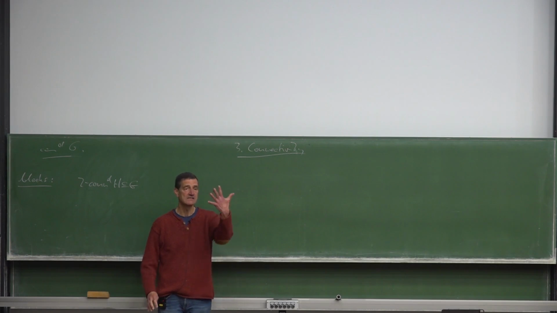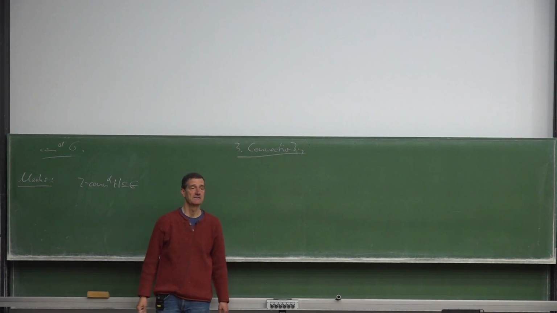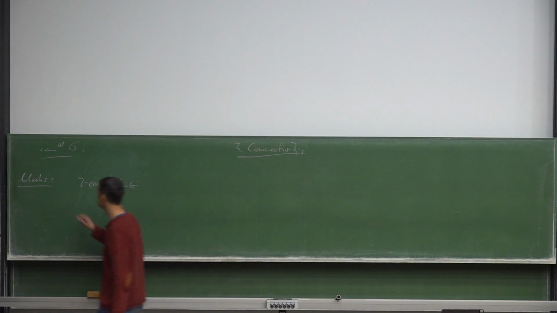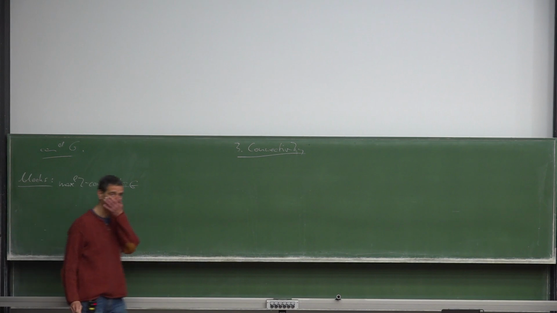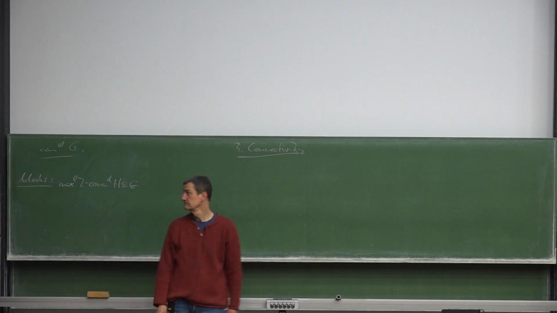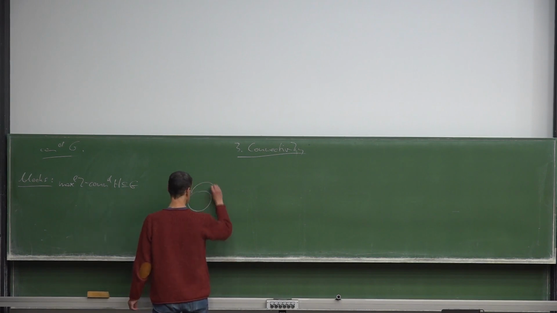Well, no, not really. Here's a two connected subgraph, here's another one, and here's another one. Right, so these intersect awfully. So let's go for the maximal ones, right? That's better. So a maximal two connected H in G looks like this.